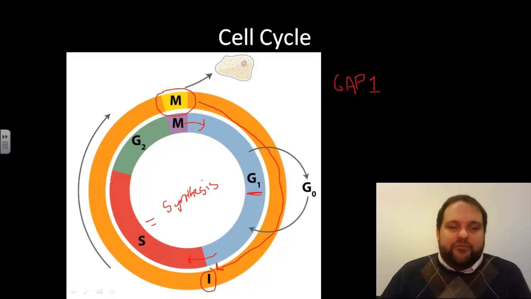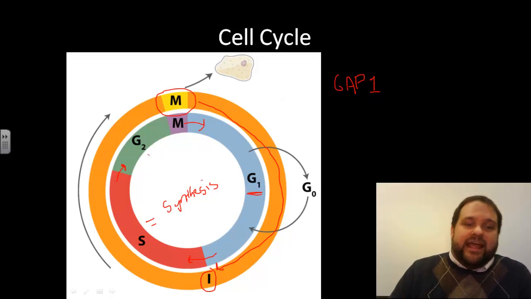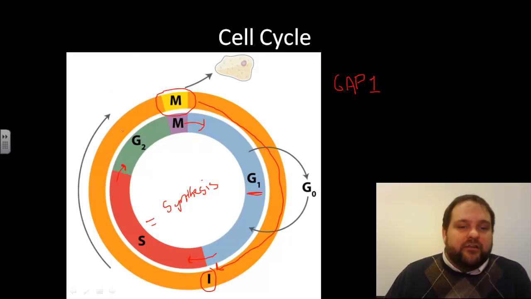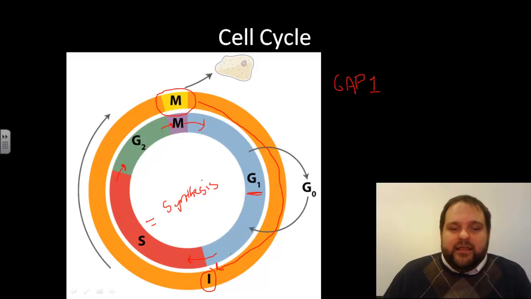It copies its genetic information, and after it's done copying its genetic information, it moves into gap 2 phase. In gap 2 phase, the cell grows. The cell's going to actually physically get bigger. It does that in order to have normal sized cells when it splits, because what comes next is mitosis. It's also going to finish up dividing anything else it needs to divide in order to prepare for mitosis. So in gap 2, it's preparing for mitosis. It hits mitosis, it divides, and then it goes back into interphase into gap 1.